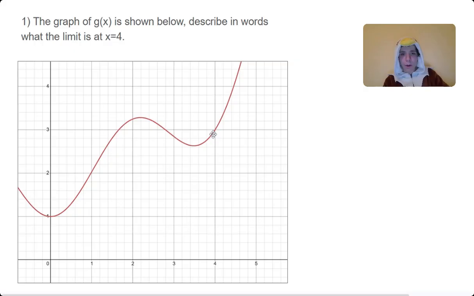It looks like we're getting really close to x equals 4, and from both sides, it seems like we're approaching 3. So the way to describe it is the limit as x approaches 4 of g of x is 3. It's getting closer to 3 as we're getting near 4 in the x direction.